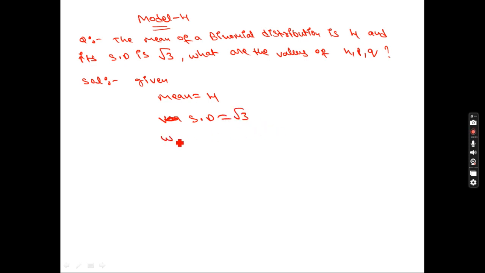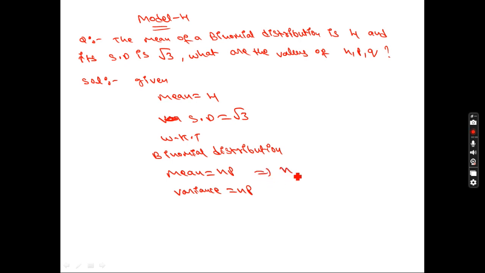We already know that as per binomial distribution, mean is nothing but np, and variance is nothing but npq. So it means np is equal to 4.